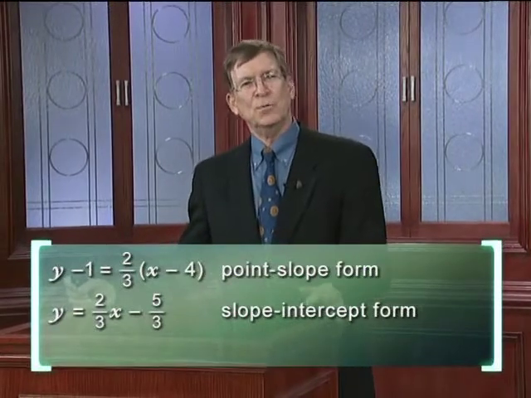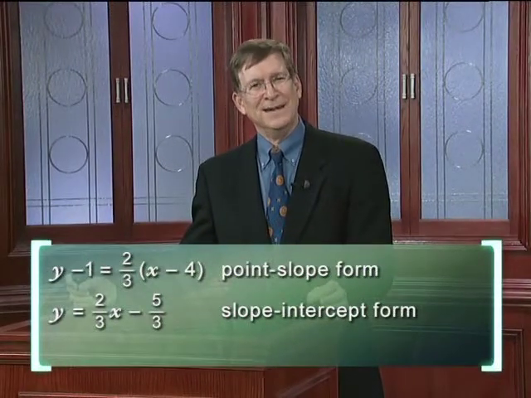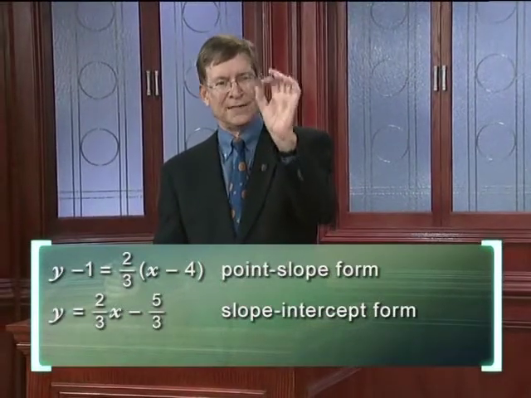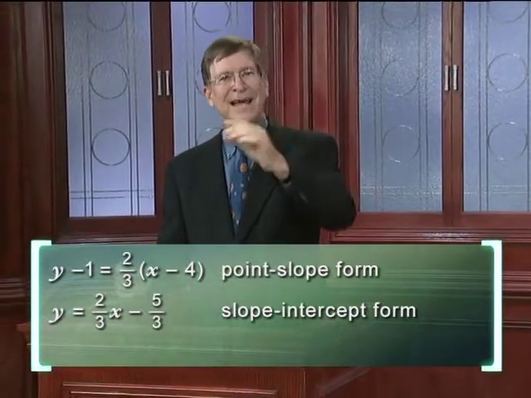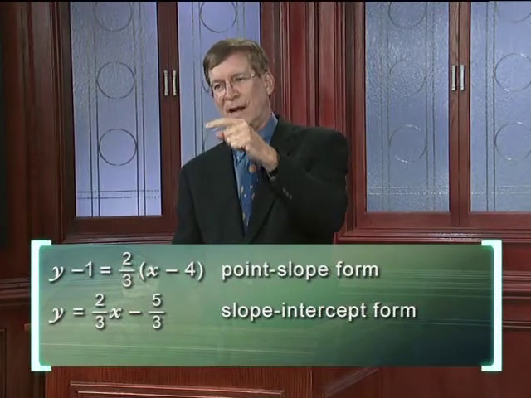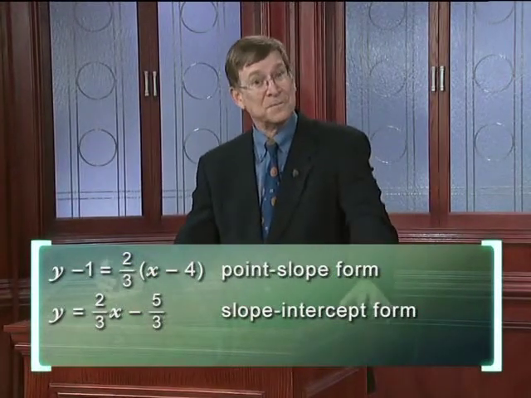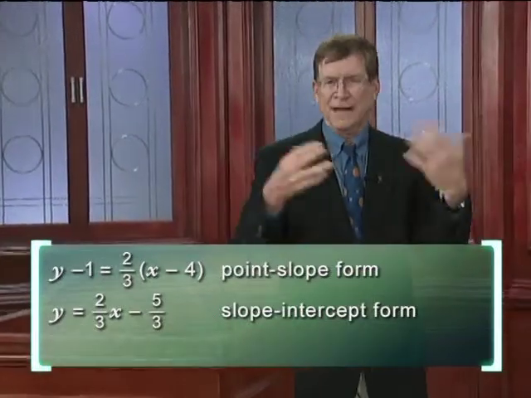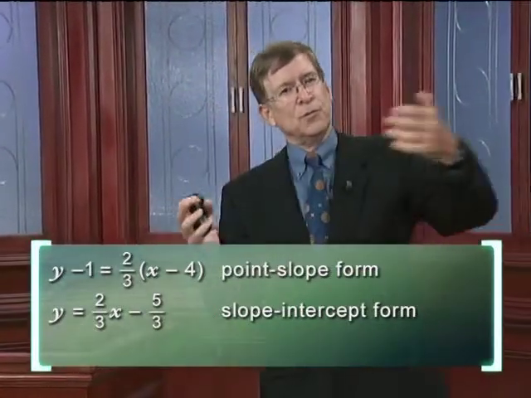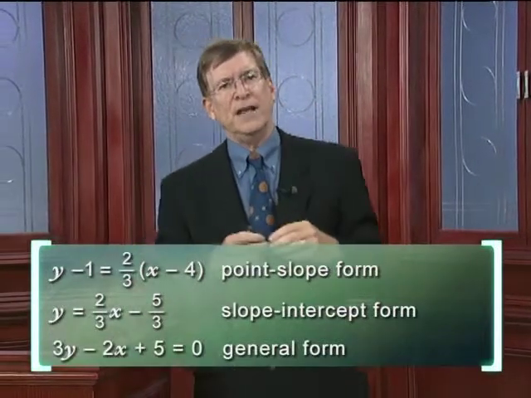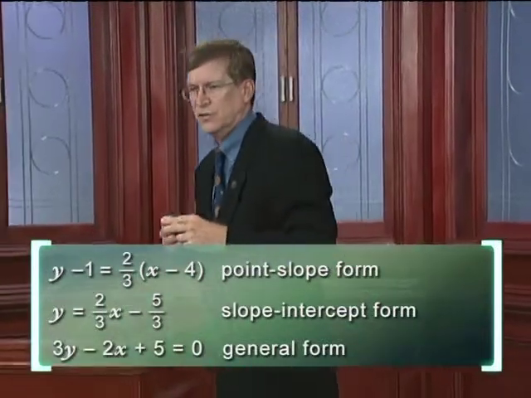That's called the slope-intercept form of a line. It's really a neat equation because it shows you the slope, that's the number in front of the x, and it shows you the y-intercept. In other words, when x is 0, y is minus 5/3. And sometimes people don't like fractions, so they multiply through the equation and get a more general form, 3y minus 2x plus 5 is 0.